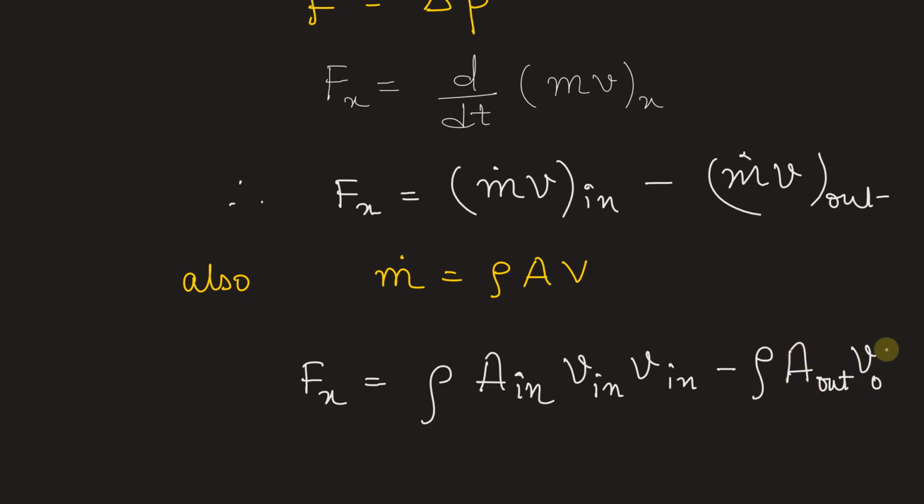So this is the mass flow rate multiplied by the exit velocity. Vo represents here exit velocity or outward velocity. So let's take rho common here. Also we know that the inlet velocity is equal to the exit velocity.